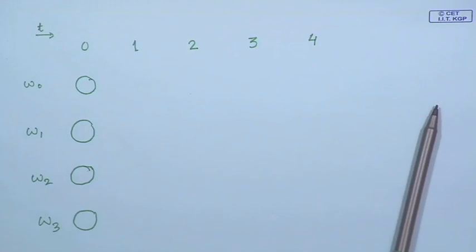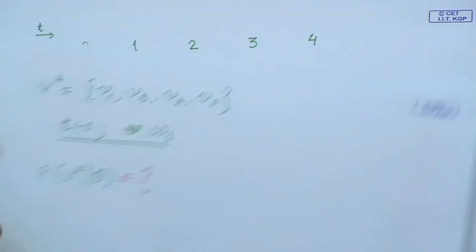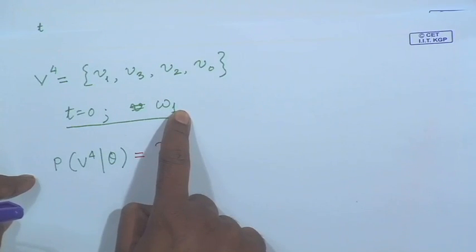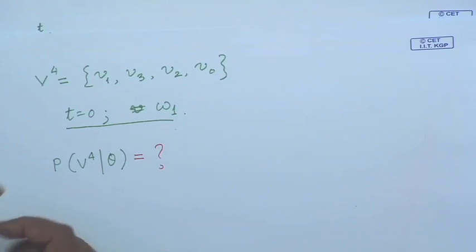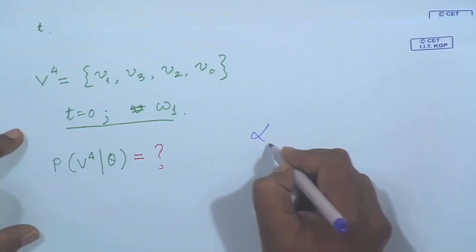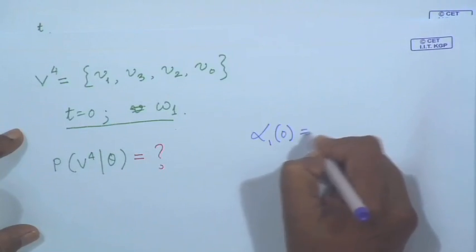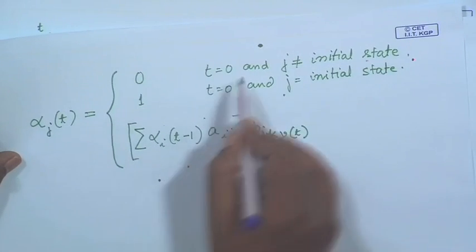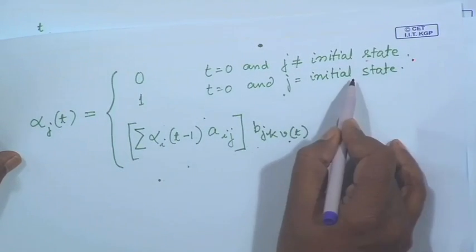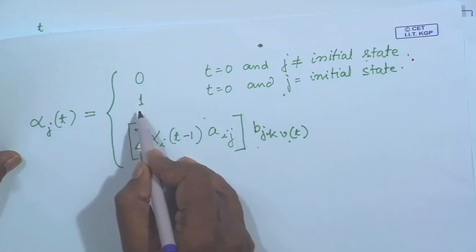And as we said, at t equal to 0, we have assumed that the machine is in state omega 1. So, naturally alpha_1(0) has to be equal to 1 as per our definition, because we have defined alpha in that form. If you come to this definition, at t equal to 0, if j is the initial state, then alpha_j(t) is equal to 1.